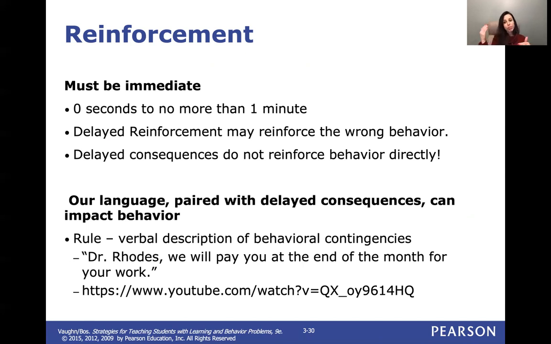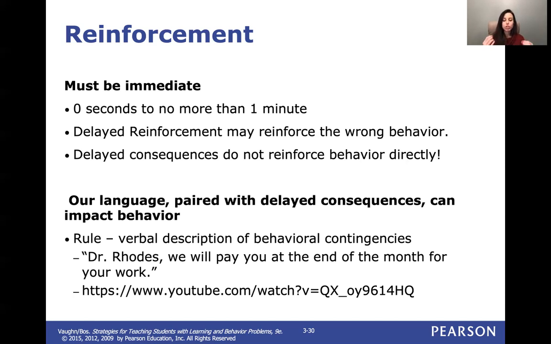But 45 minutes later, Landry has a huge meltdown, and the meltdown is so extensive, but you promised that you'd give extra recess time. You waited so long in between the time when you gave the reinforcement and the time that you administered it that in between there are lots of opportunities for problem behaviors to occur.